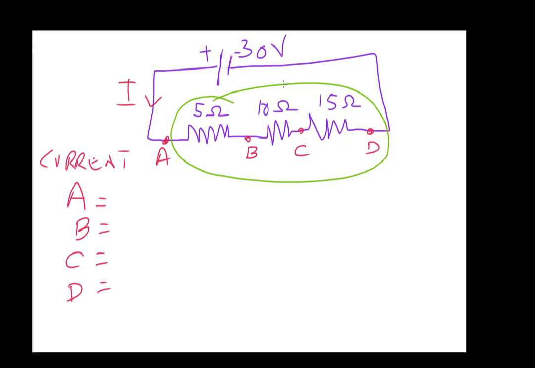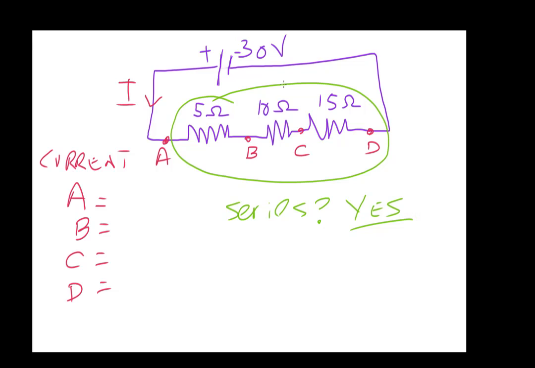If you look at the three resistors here, the first question that you need to ask is, are they in series? Yes or no? Or are they in parallel? Now these three resistors are connected and the current is not dividing anywhere. So whatever current is going through 5 ohms is going through 10 ohms is going through 15 ohms. So are they in series? Yes, they are in series.